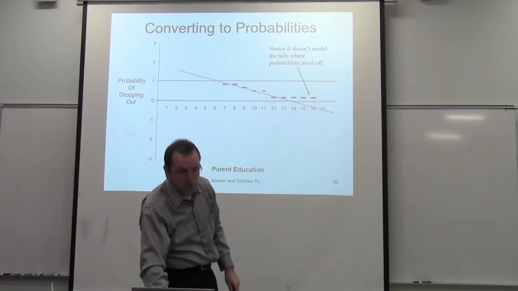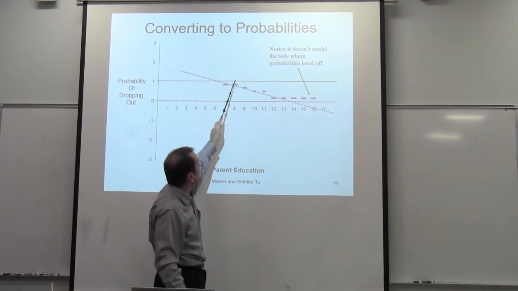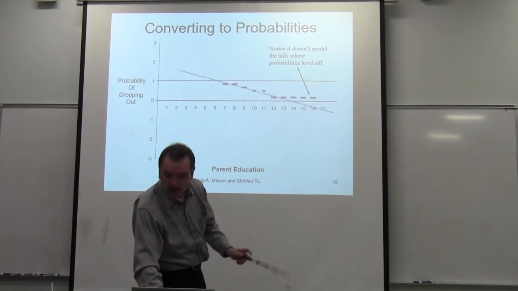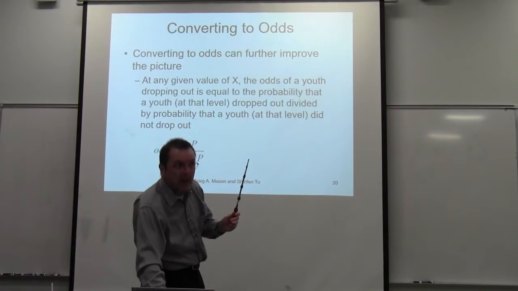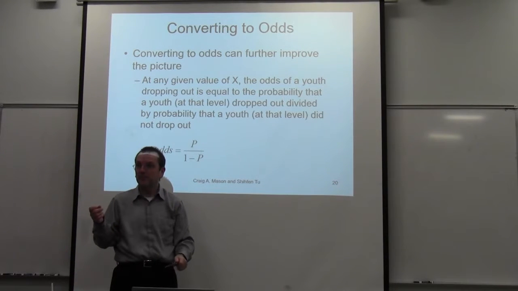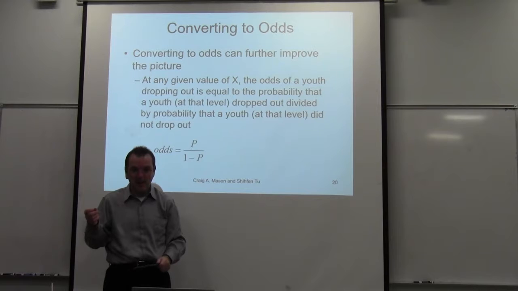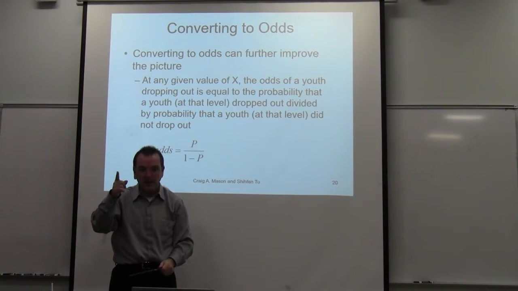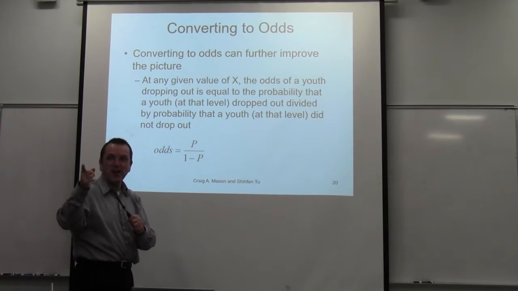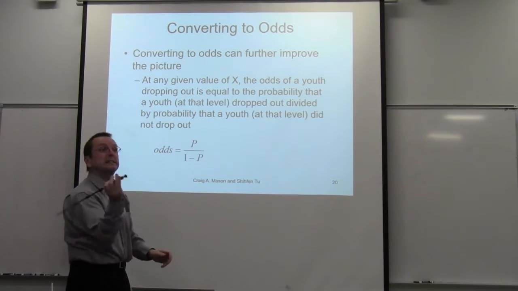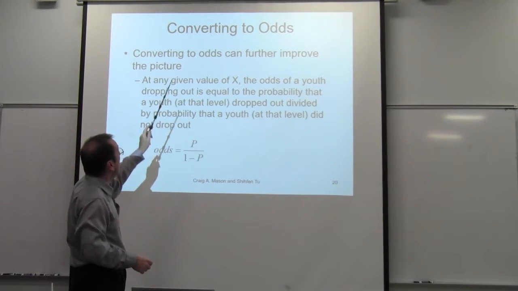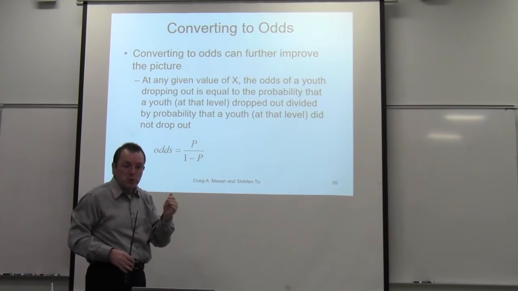So we've got two asymptotes: can't be greater than 1, can't be less than 0. Another approach is to take those probabilities and convert them to odds. That will further improve it.